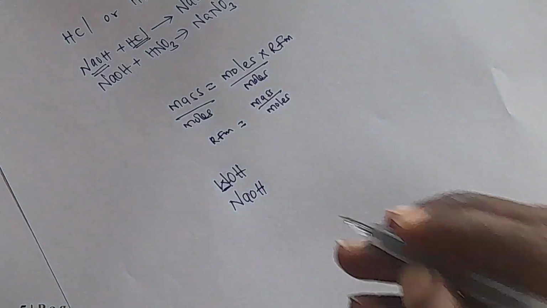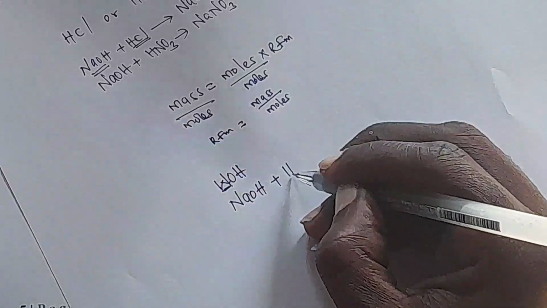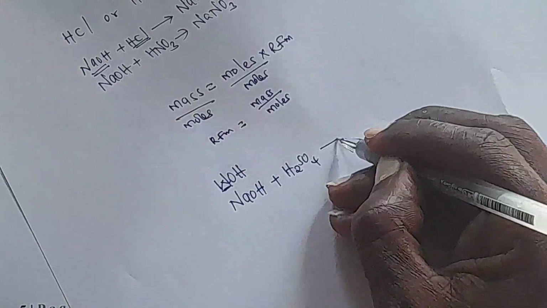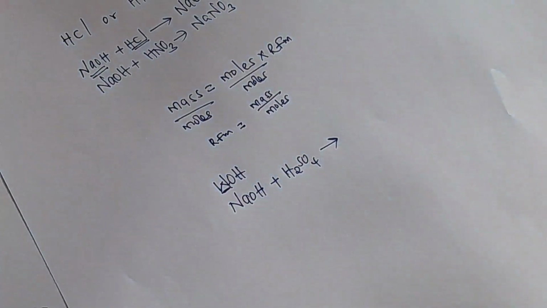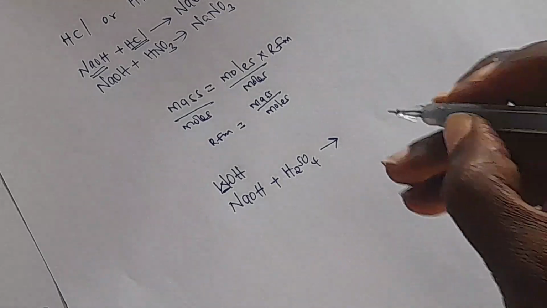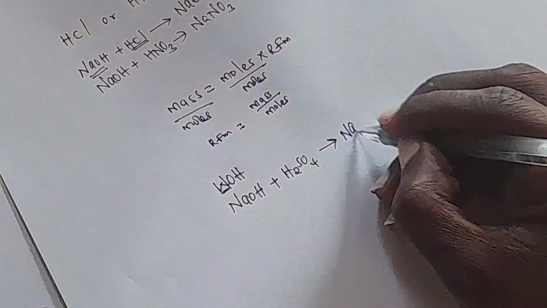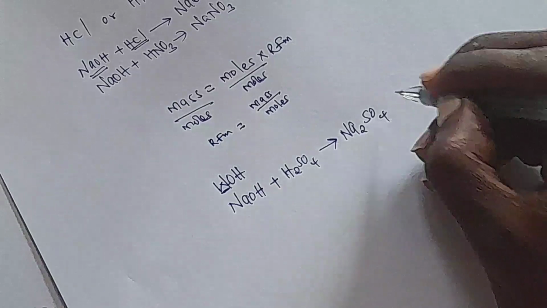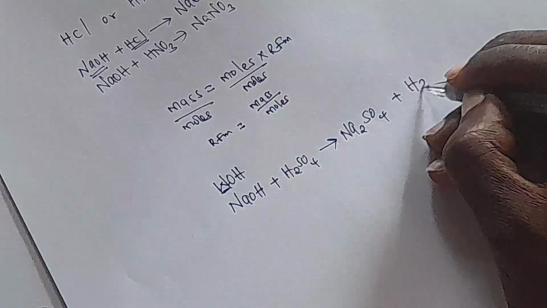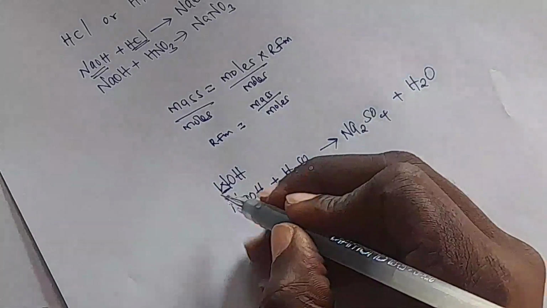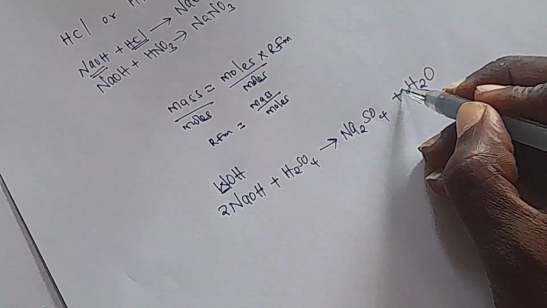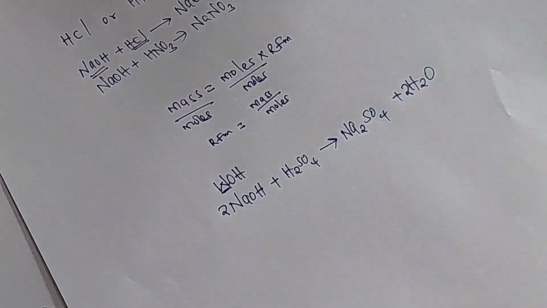So what will happen when sodium hydroxide is reacted with sulfuric acid? We are going to get sodium sulfate, which is written Na2SO4, plus water. To balance this equation, we have to put 2 here and 2 on this other side. So the reaction is balanced.